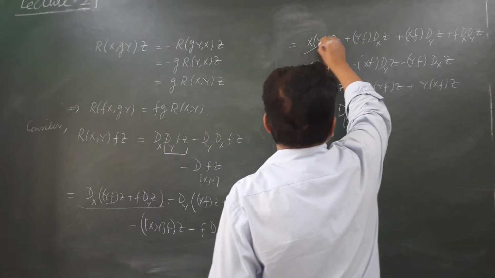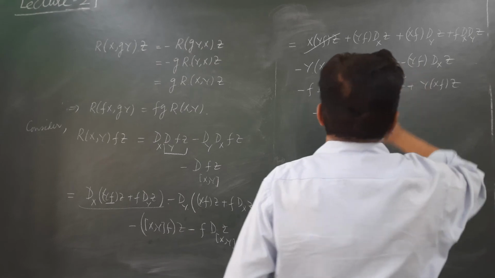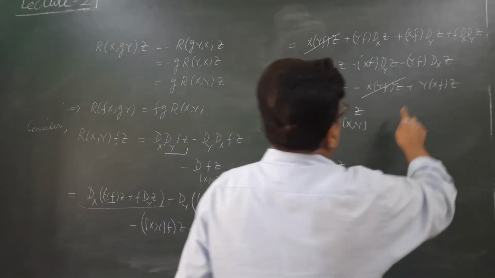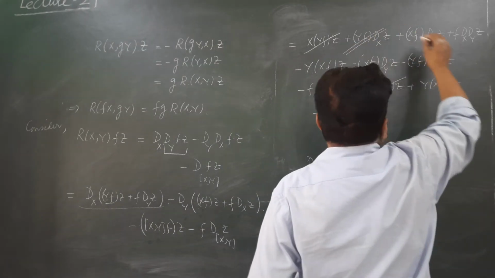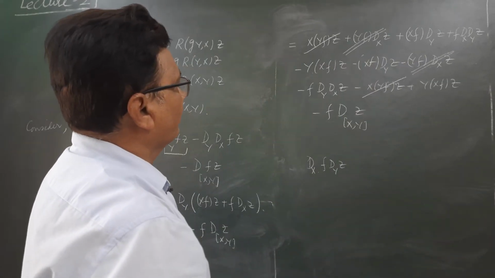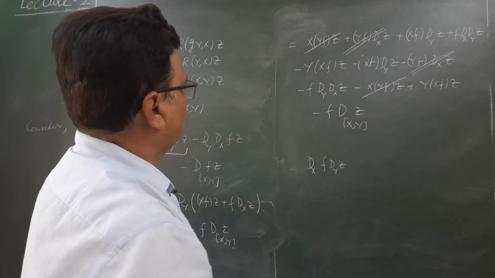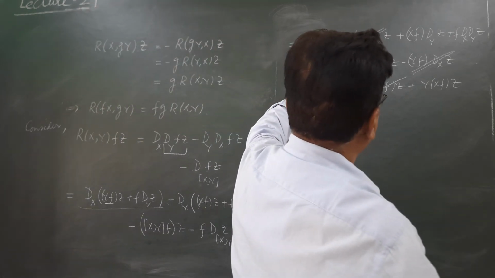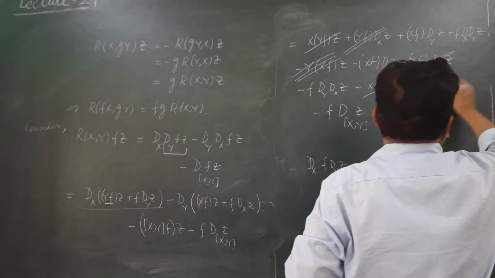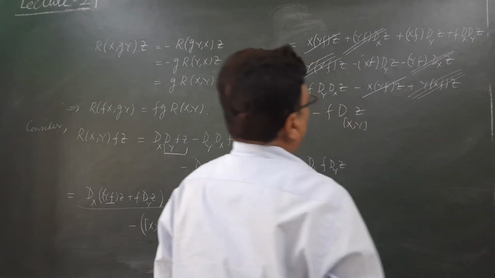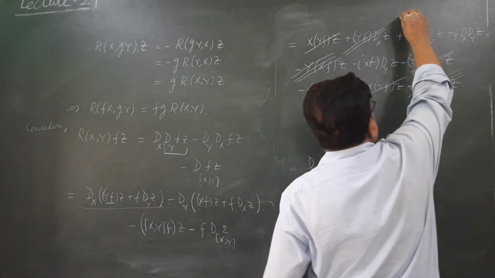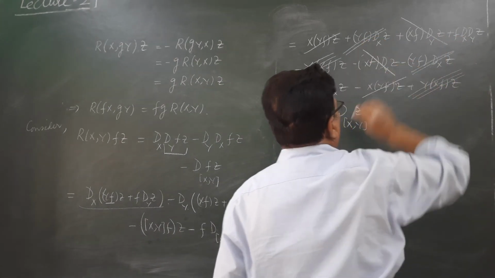So xyfz are cancelled out. Is there a yf dxz somewhere? Yes, there it is. yf dxz are also cancelled. Is there a y x z anywhere? Yes, there it is. y x z and y x z, they are cancelled out. One more, xf dyz: yes, the third term will cancel this term.